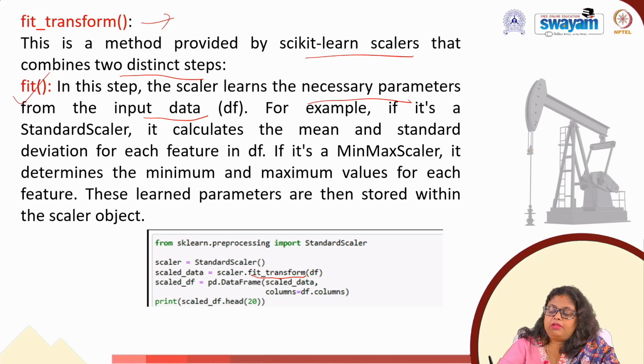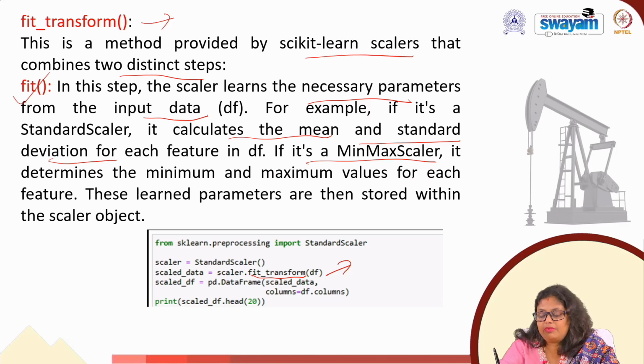For example, if it's a StandardScaler, it calculates the mean and standard deviation for each feature. If we are talking about MinMaxScaler, it determines the minimum and maximum value for each feature.